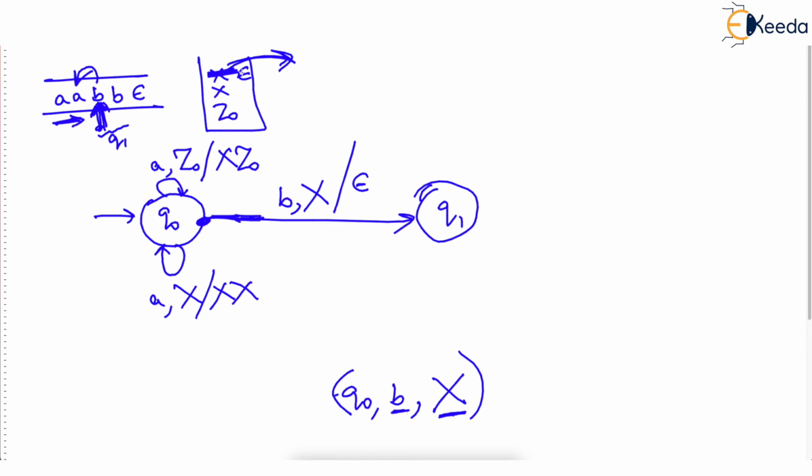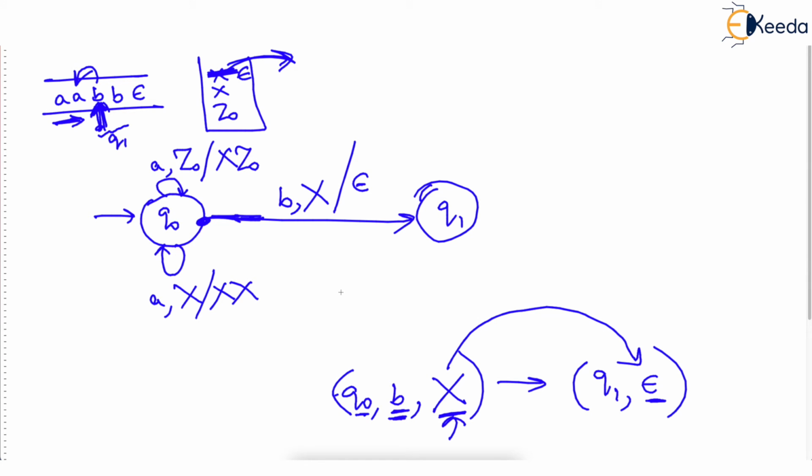That means you have popped one value and you have changed to Q1. So how will you show this? In Q0 state, when you read first B, top has to be X, and you will move to Q1, and epsilon is now the result. That means X has been replaced with epsilon. This is the pop operation, correct?